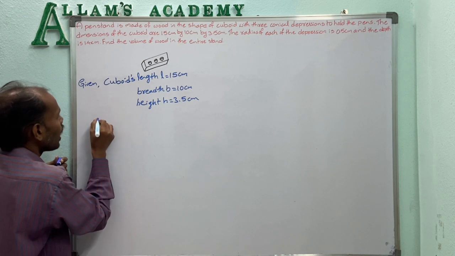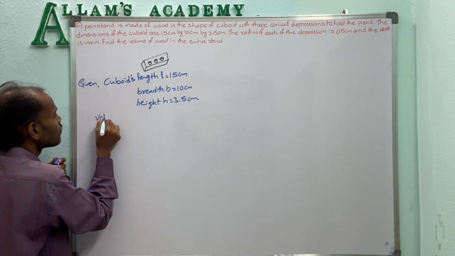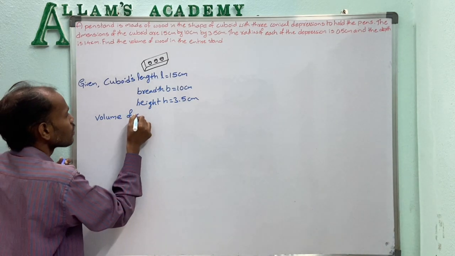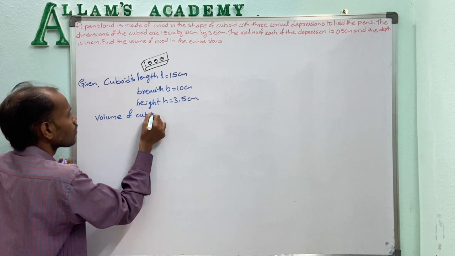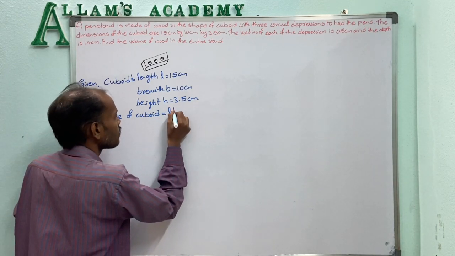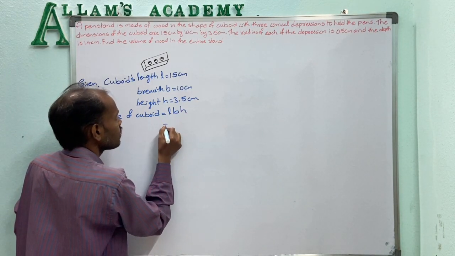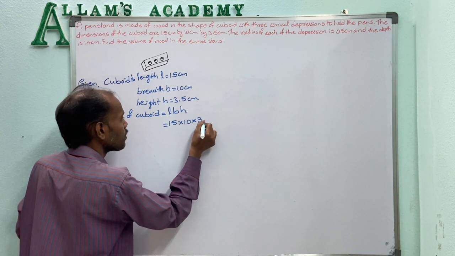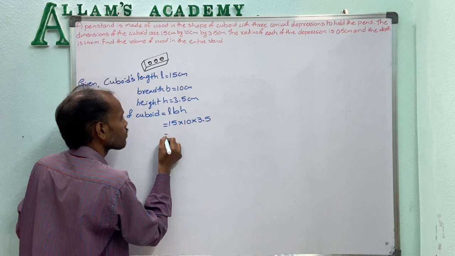Now the volume of the cuboid is equal to LBH, that is 15 into 10 into 3.5.